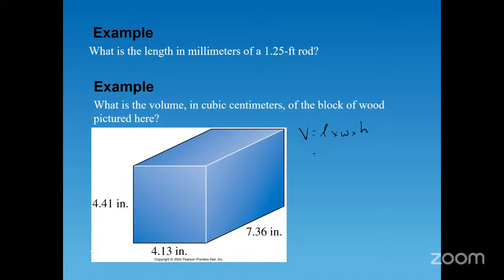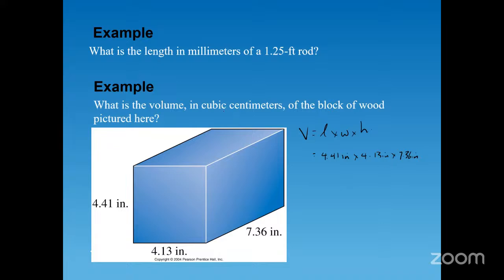So that would be in this case 4.41 inches times 4.13 inches times 7.36 inches, right? So basically, if you were to do this calculation directly, your final answer would be expressed in inches cubed because you're multiplying the inch units across as indicated here, right?